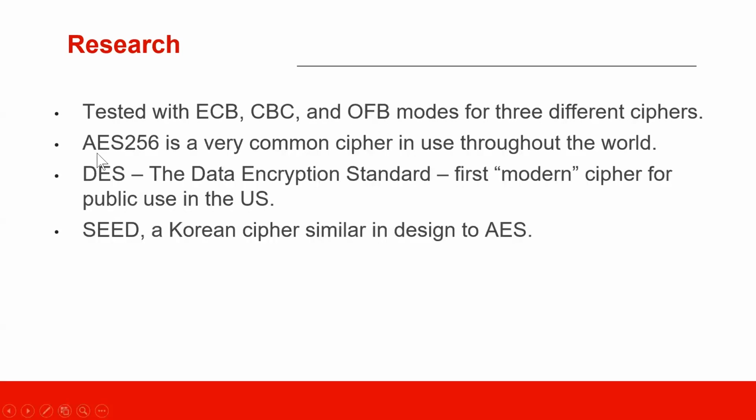One is AES256, which is a common one and used throughout the world. It's DES and SEED. And you've probably heard of the first two. This one, I was looking for something that was very different, had a whole different structure, had a different set of people building it, because I want to make sure that what I find true isn't just true for the methodology we use in America to build things. It was a universal means of detection of issues.